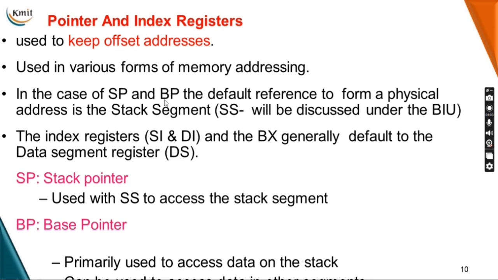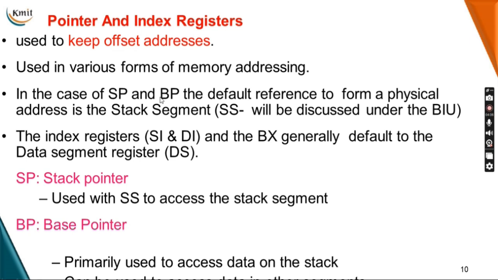In the case of SP and BP, the default reference to form a physical address is the stack segment. You will see the stack segment and all those things in memory segmentation in the next session. We have four segment registers: stack segment, code segment, data segment, and extra segment.